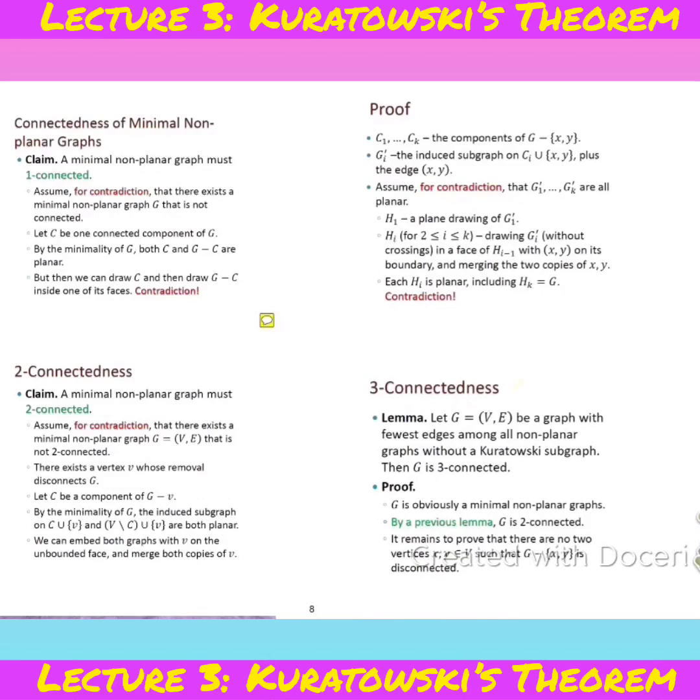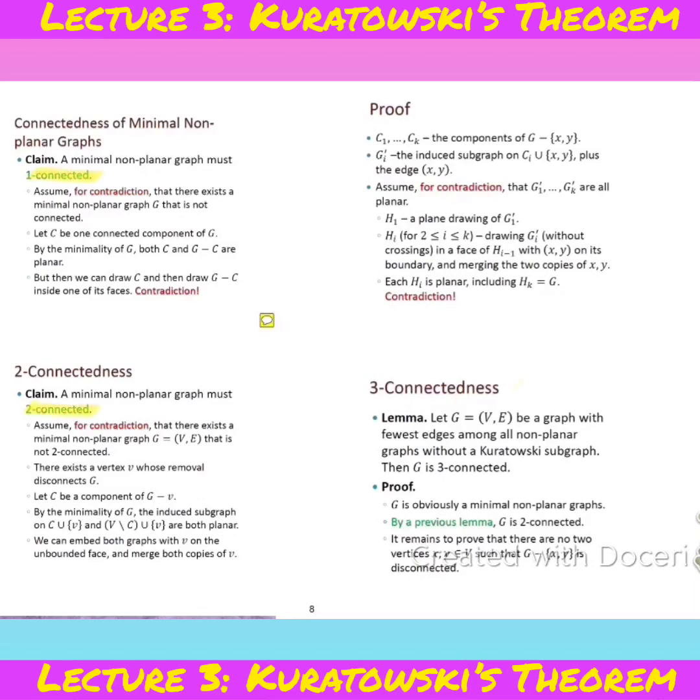So breaking it up into smaller pieces results in each piece being a planar graph that is Kuratowski subgraph free. Then we started proving some properties of this hypothetical graph G. We said this graph has to be one connected, and we also proved that the graph must be two connected.